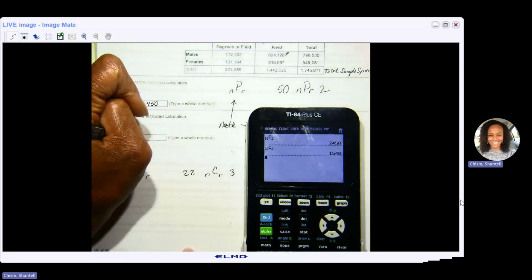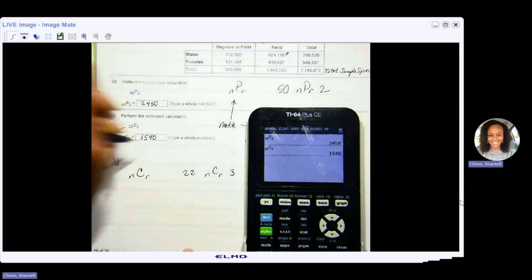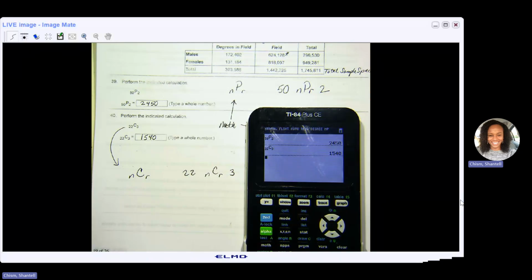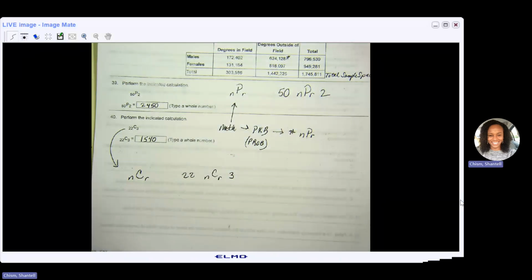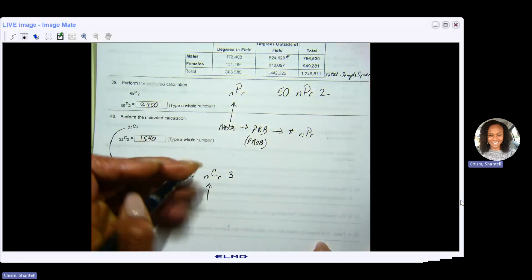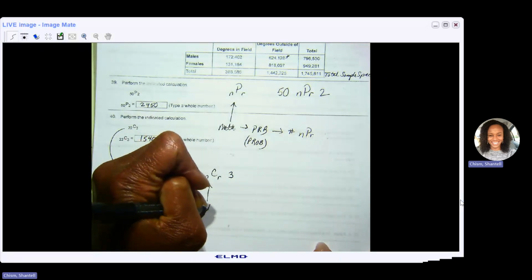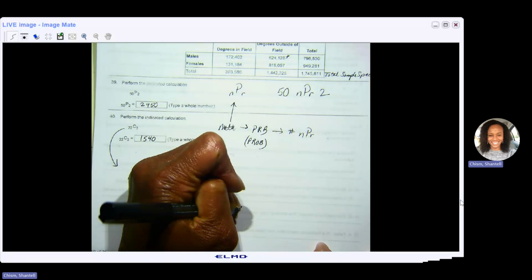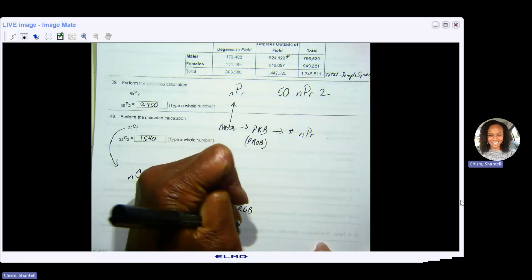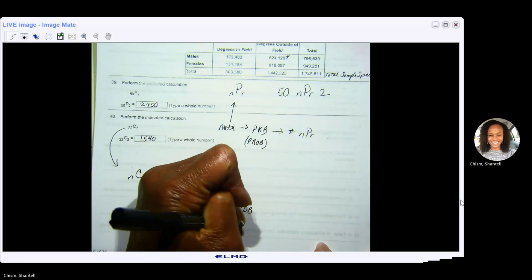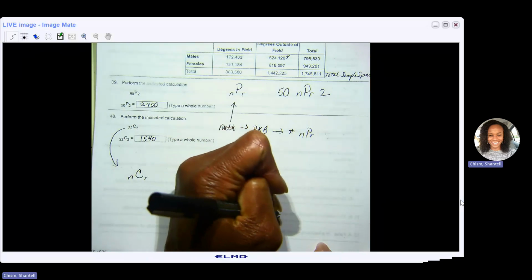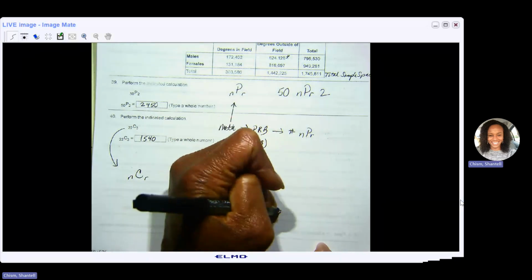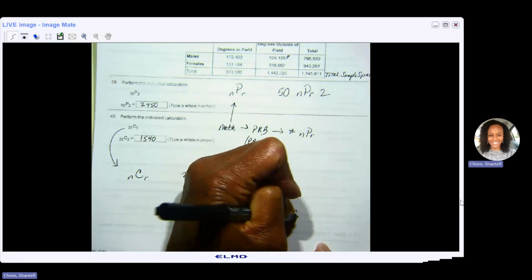So there are 1,540 different ways that I can choose 3 objects, given that I have 22 total. Okay. And again, we get to this notation by pressing math, go over to PROB or PRB, depending upon your calculator, and then you'll choose, in this case, I believe it was number 3, the nCr.